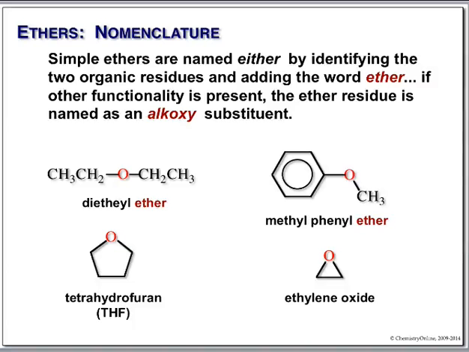So this would be ethoxy, whatever. If it's a simple ether like this, we use ether. Oxiranes or epoxides are slightly different. And again, a lot of the ethers have common names that are very widely used.